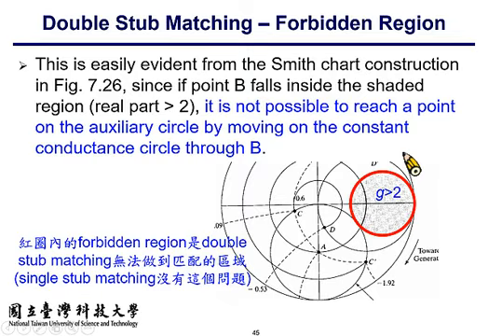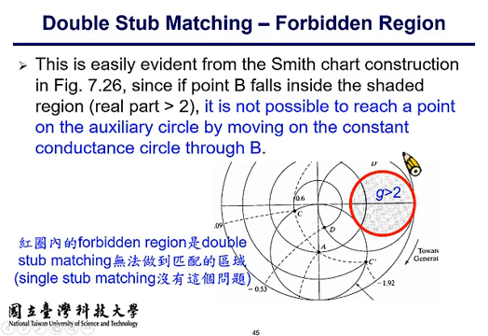your load is located within this red circle region, which is referred to as the forbidden region, which means that you cannot find a solution using the double stop matching technique. This result is consistent with the derivation presented in chapter 7.3. Alright?